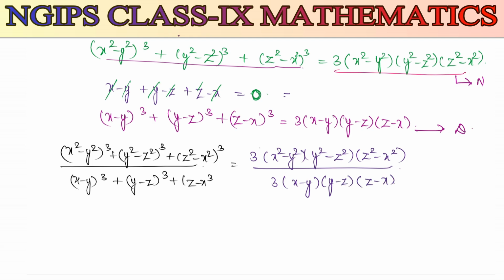In the numerator and denominator the 3 gets cancelled.